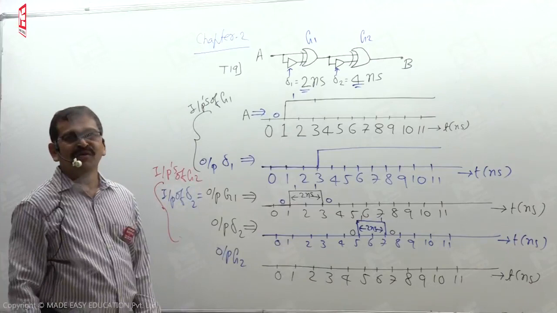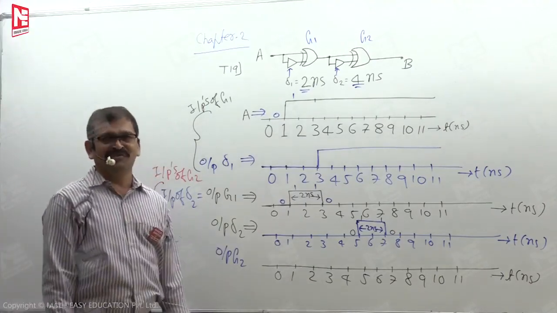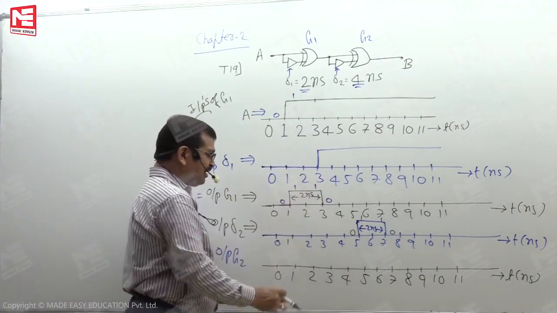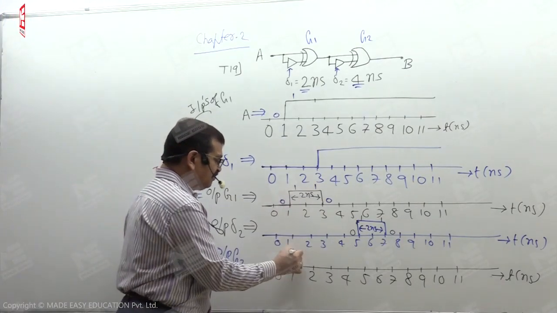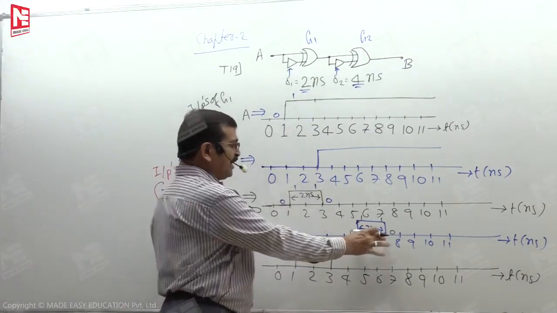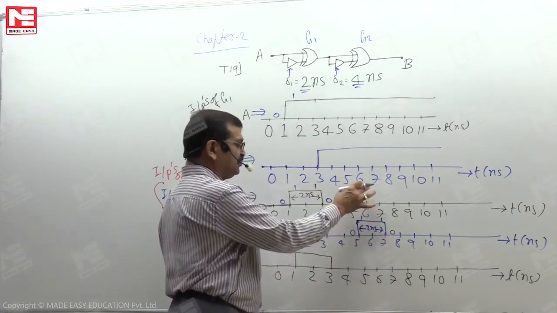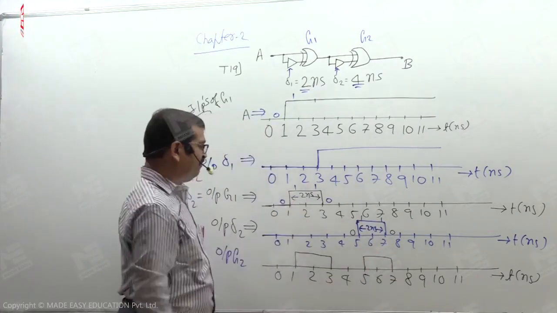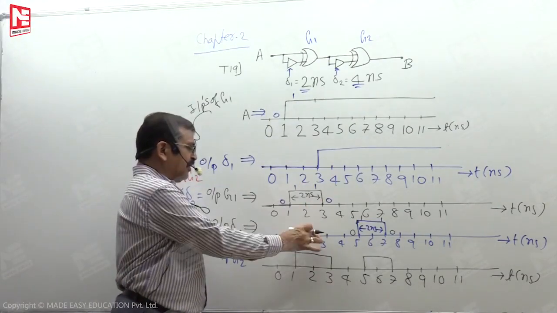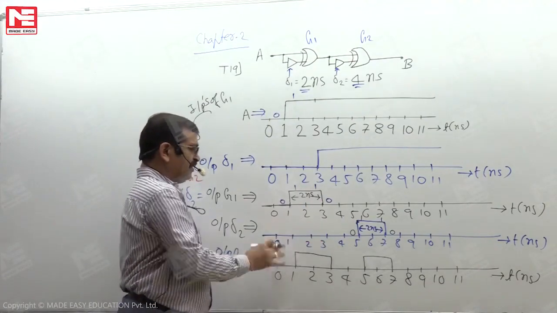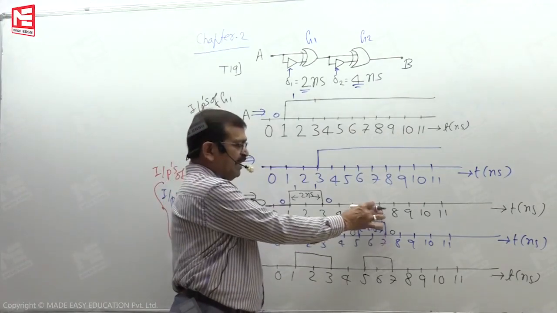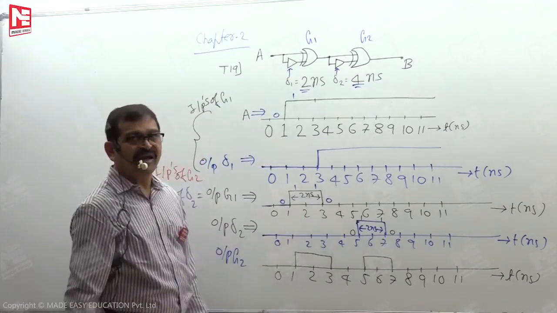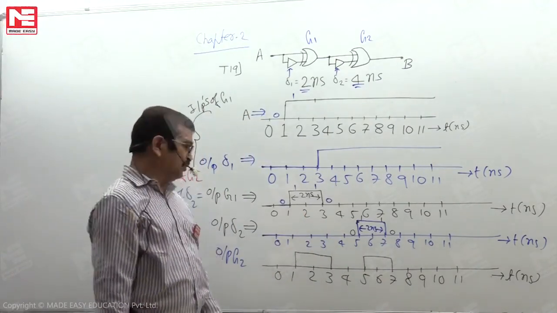Whenever both the inputs are not the same, the XOR result is 1. During the time interval 1 to 3, one input is 1, the other input is 0, so it is 1. During the time interval 5 to 7 nanoseconds, one input is 0, the other input is 1, so 1. At other places, both the inputs are 0, so the output is 0.